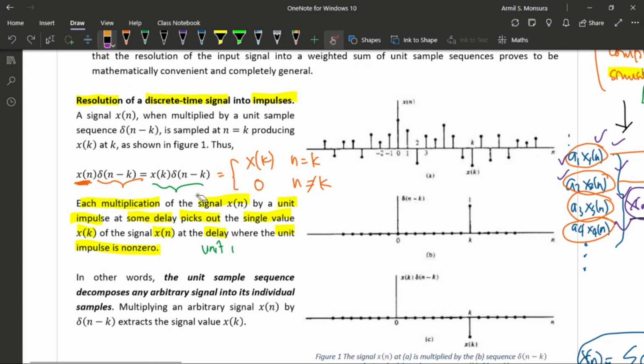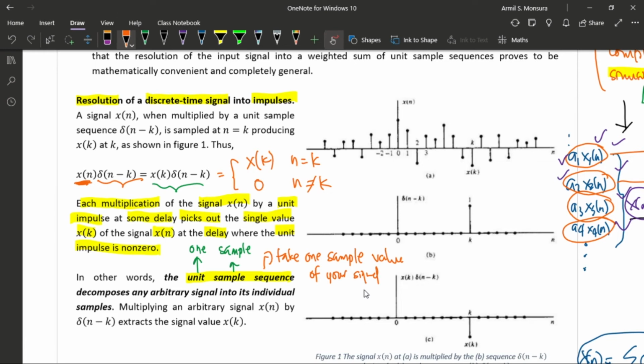Okay. So ito. Unit means 1. Okay. And sample means sample. Ibig sabihin, the purpose of your unit sample sequence is to take one sample value of your signal.